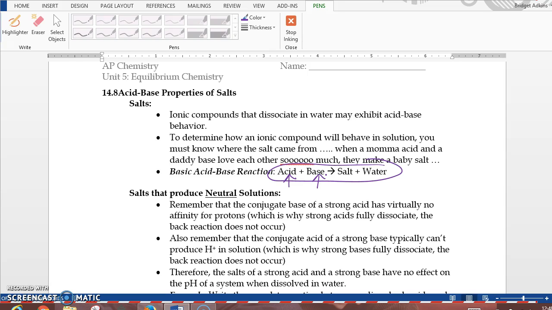Now, if it's a strong acid and a strong base, it'll certainly make a neutral solution. If it's a weak acid and a weak base, it'll usually make a neutral solution. But if one of those is strong and one is weak, then the salt will actually have the power to make an acidic or basic solution, so therefore it wouldn't be neutral.